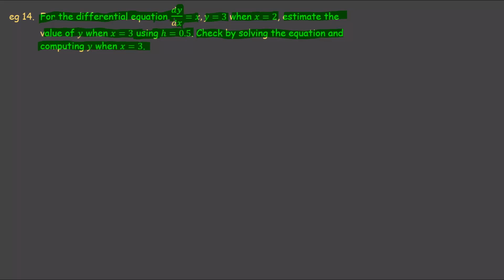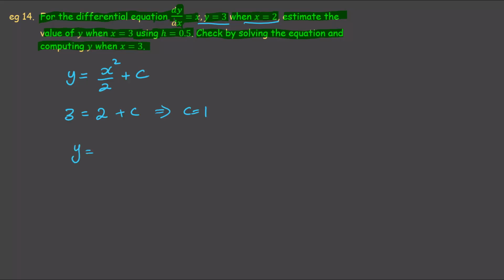So we now want to check by solving the equation, and that would give us y is equal to x squared over 2 plus a constant. But we know that y is 3 when x is 2. So 3 is going to be 4 divided by 2, which is 2, plus c, gives us c is equal to 1.